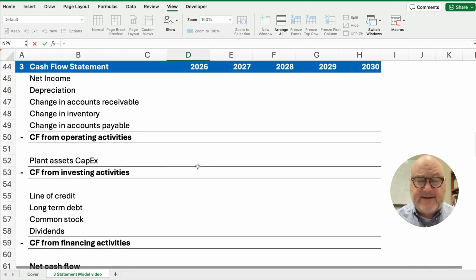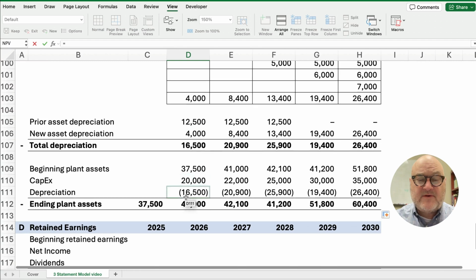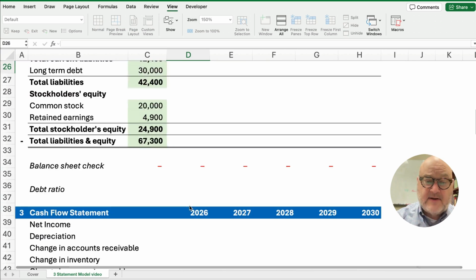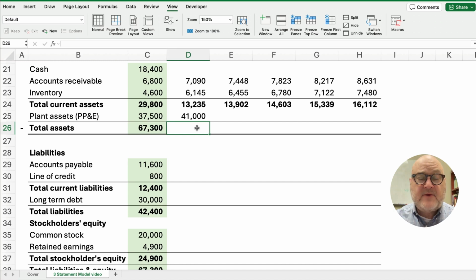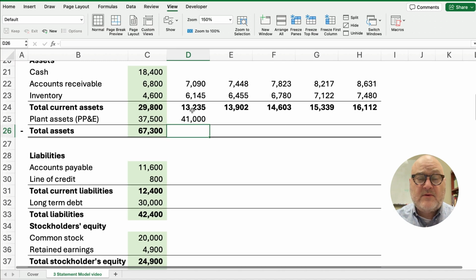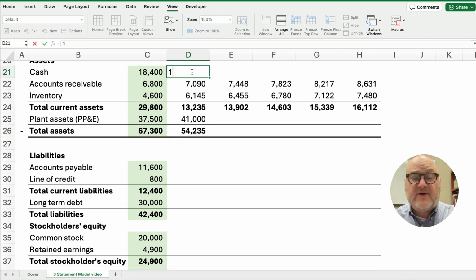We're going to say equals 41,000, and we're just going to copy this all the way across. And then we can take our total here, 13 plus 41 is going to be the total assets. Now when we have cash, let me put just a $1 cash in there so you can see that it goes up.